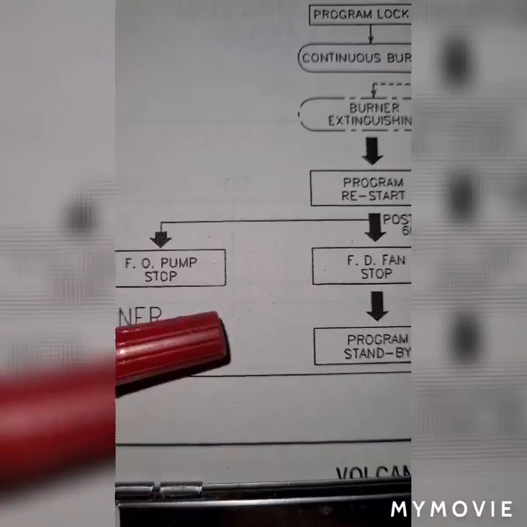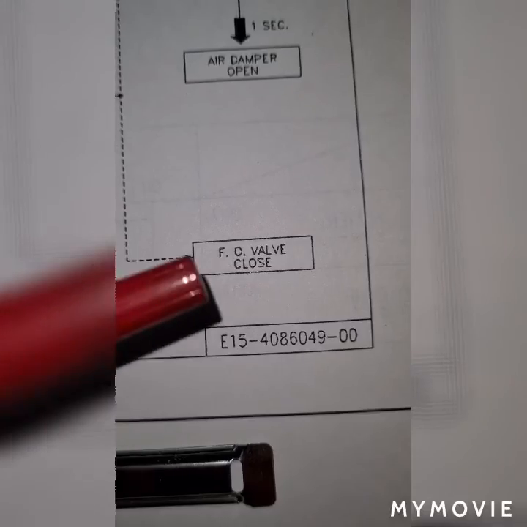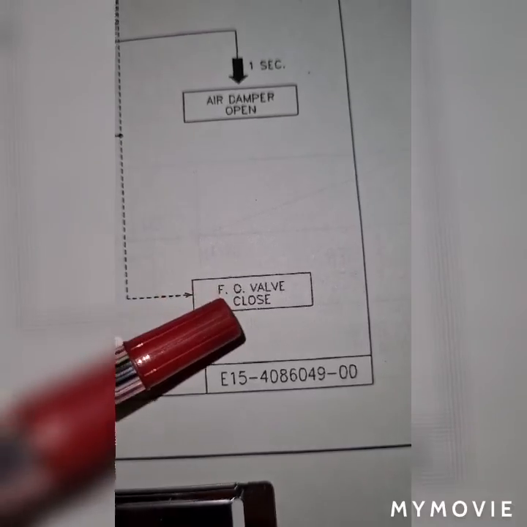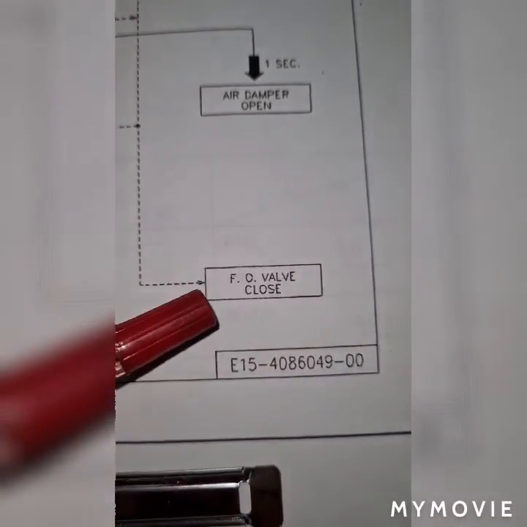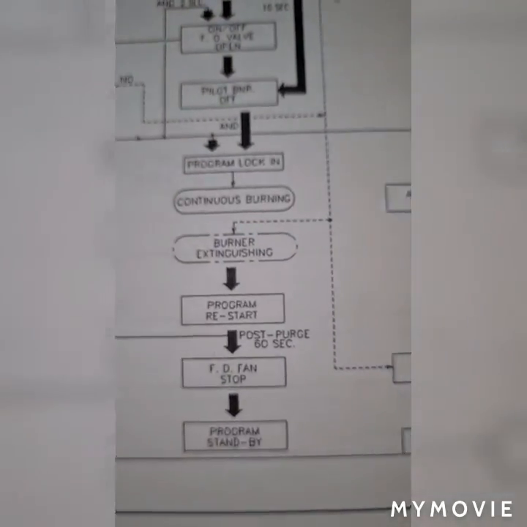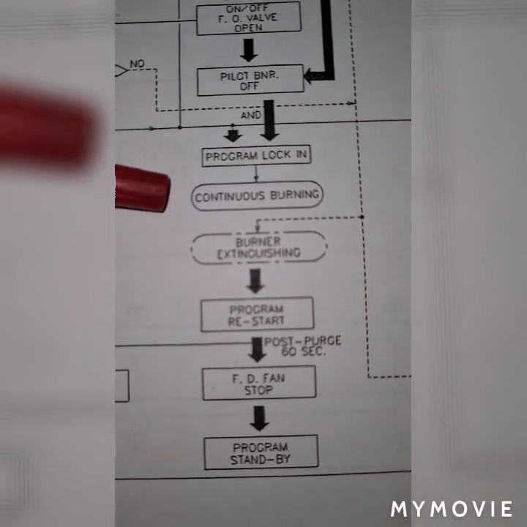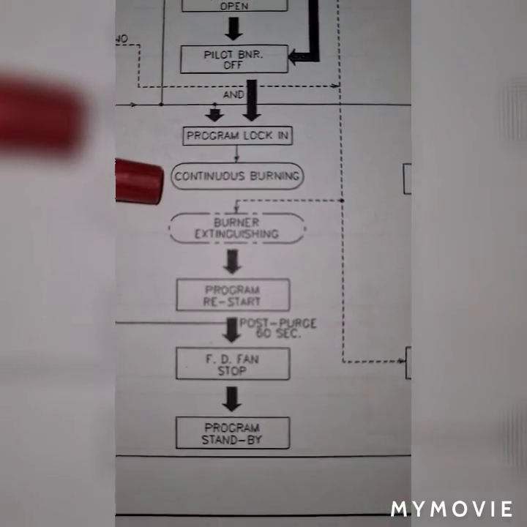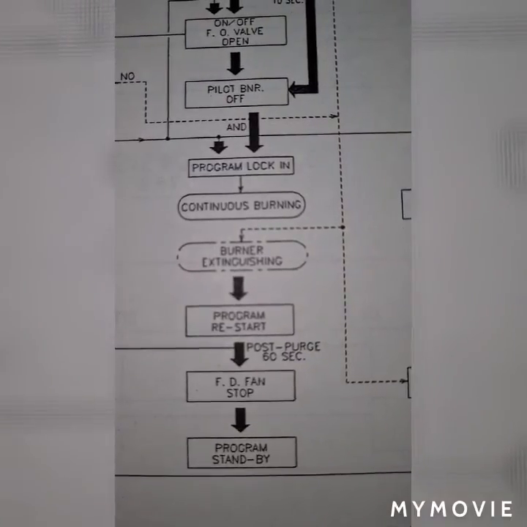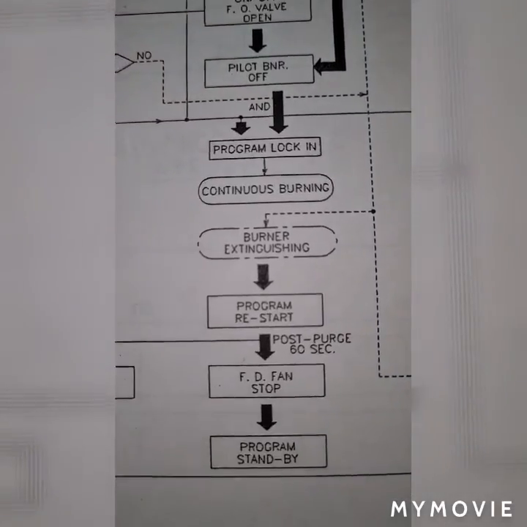The fuel oil pump will stop, and then the fuel oil valve from the return of the main burner pipeline will be de-energized, and it will cut off the fuel to my boiler furnace. Once the fuel is cut off, the fire or flame inside the burner furnace will disappear.